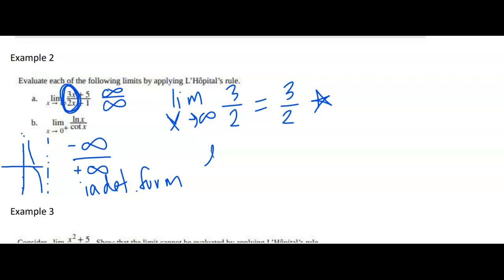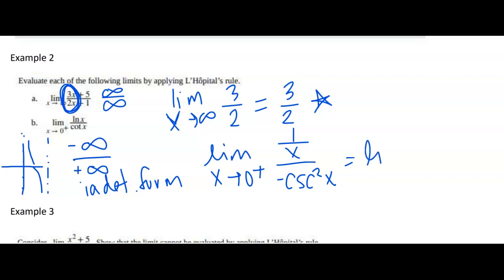And we're going to then take the derivative of the top, 1 over x. The derivative of the bottom, the derivative of cotangent, is negative cosecant squared. All right, let's do a little bit of flipping around here. So I have 1 over x times negative cosecant squared over 1.